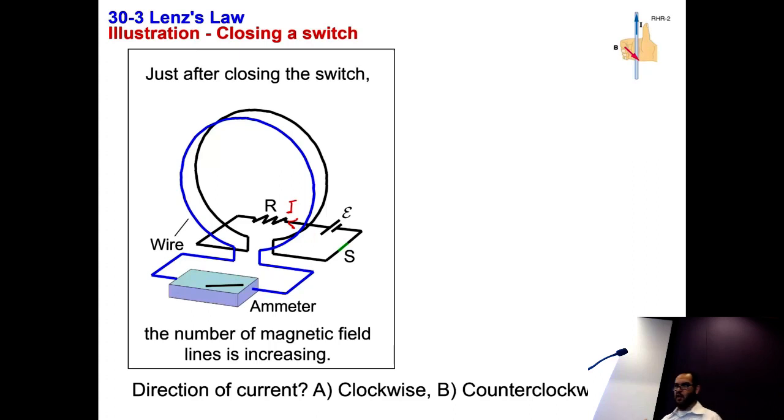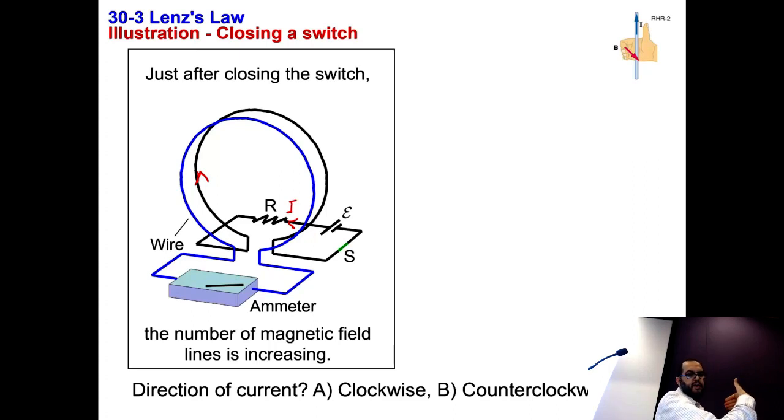Okay, who says clockwise? Clockwise, raise your hand. Counterclockwise. Okay, we have a majority counterclockwise. Let's see. We know this current here, I, is flowing like this. So what is the magnetic field?